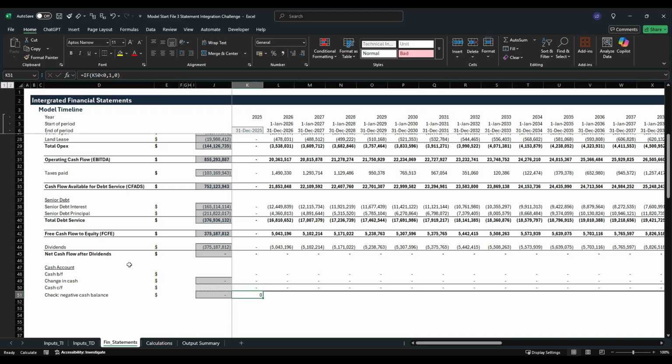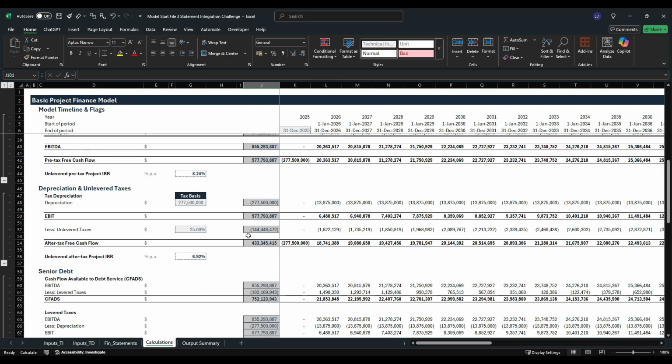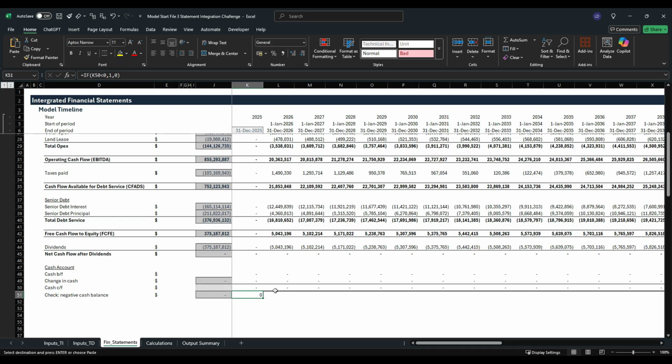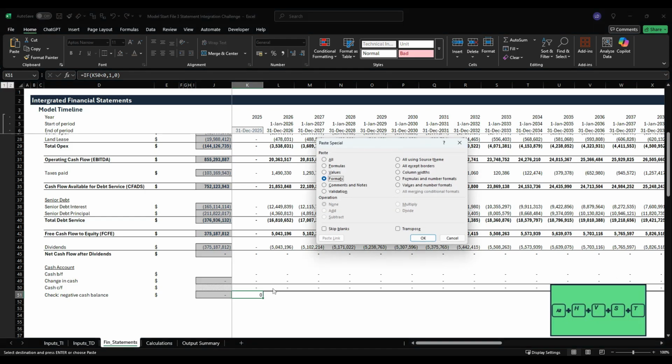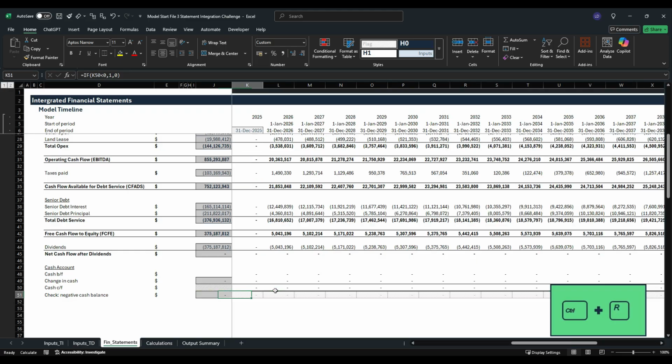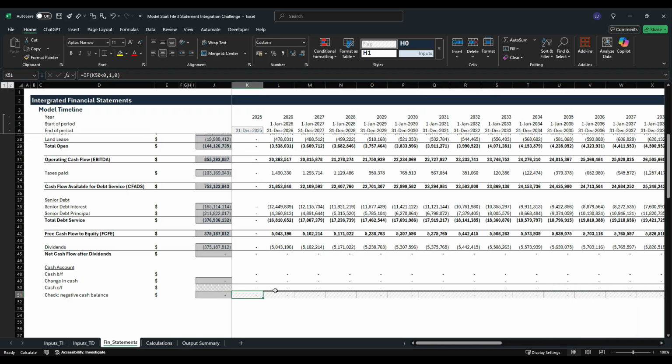Otherwise, it's 0. And then we can pick up a flag style from our different sheet here. Copy this, paste special only, Alt HVST, hit enter and drag it over, Control R. We can test it, check again.